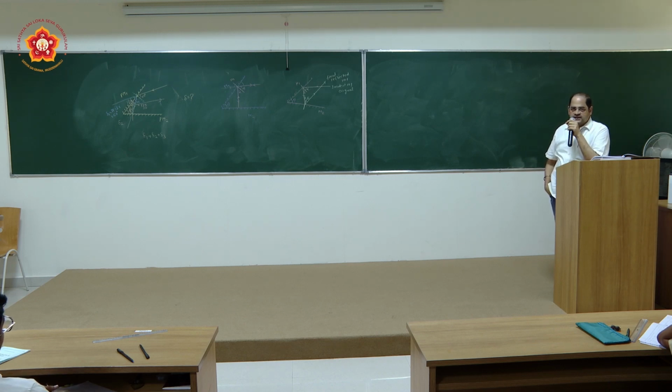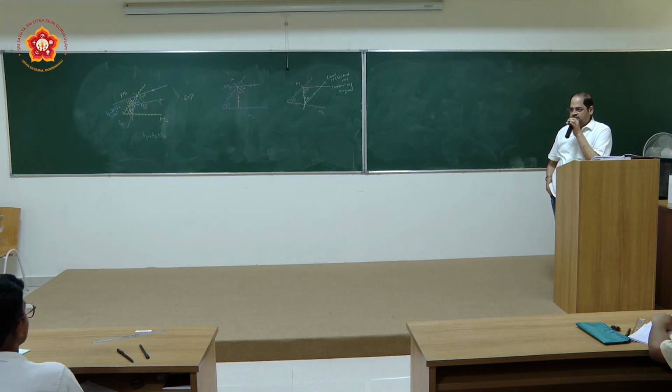The angles of incidence for the two mirrors are not the same, they are different. For mirror 1, angle of incidence is alpha, so angle of reflection will also be alpha. For mirror 2, angle of incidence is beta and the angle of reflection is again beta.